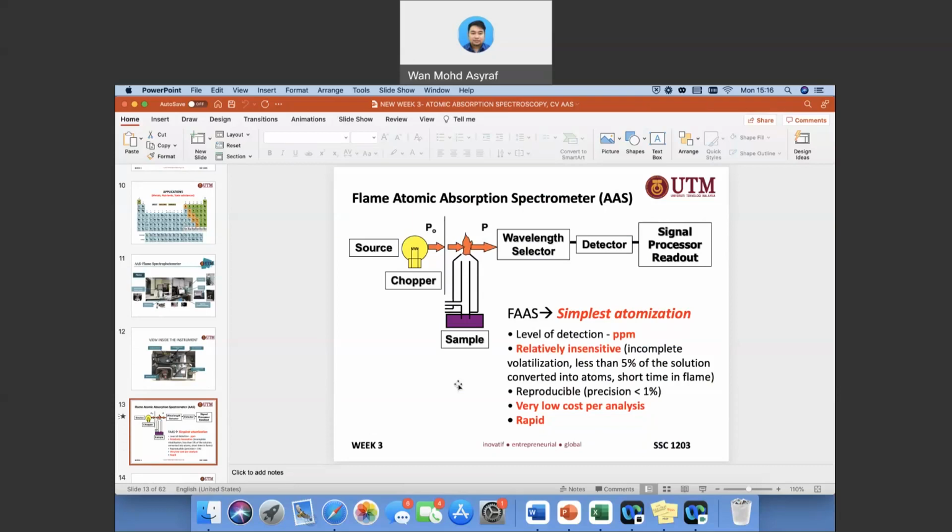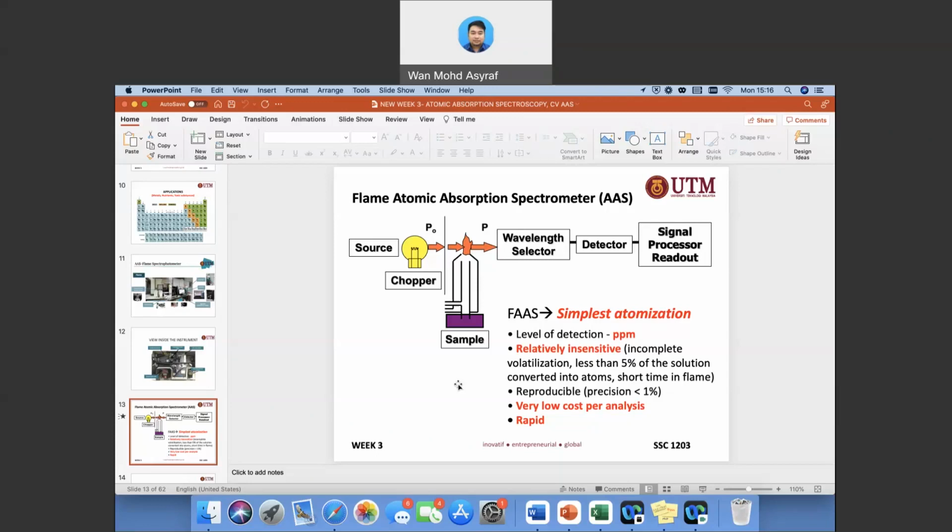It is relatively insensitive, with incomplete volatilization: less than 5% of the solution is converted into atoms in a short time in the flame. It is reproducible, very low cost per analysis, and rapid. These are the advantages and disadvantages of flame atomic absorption spectroscopy.